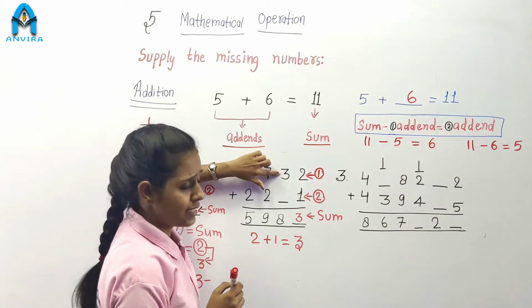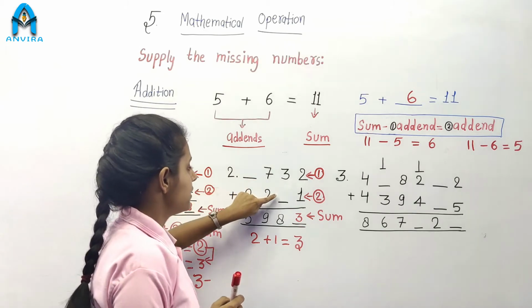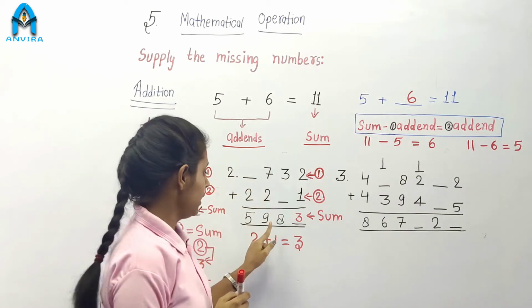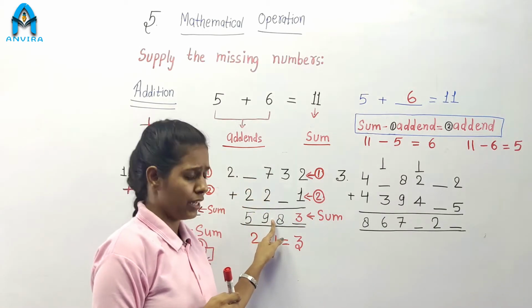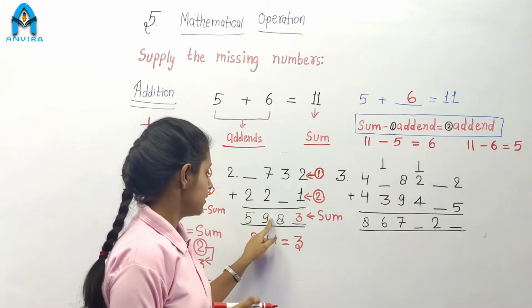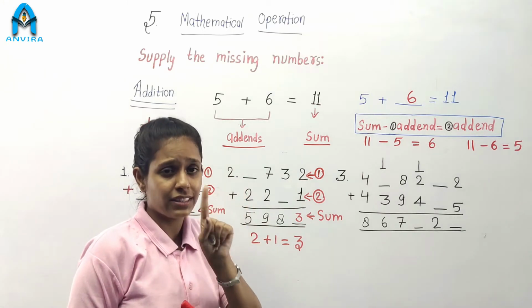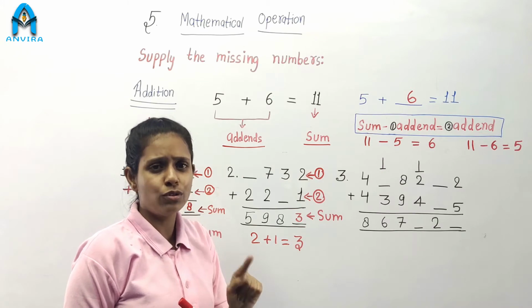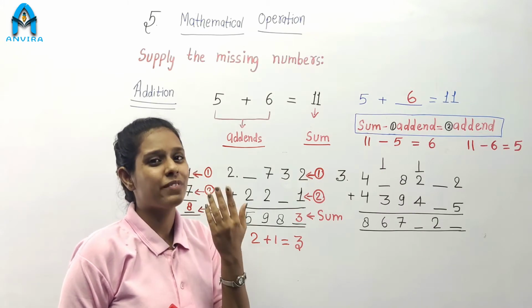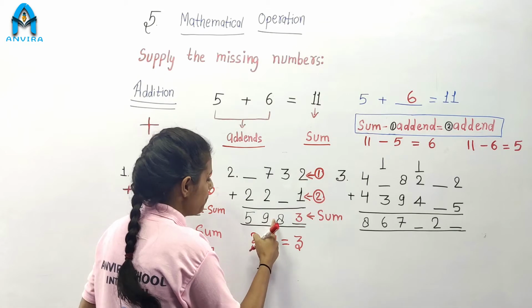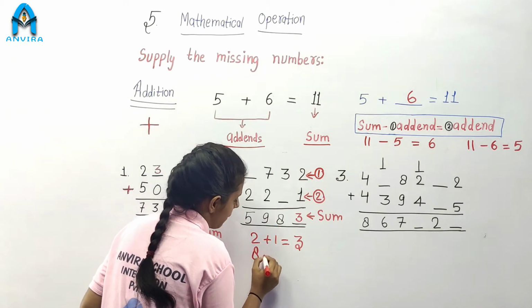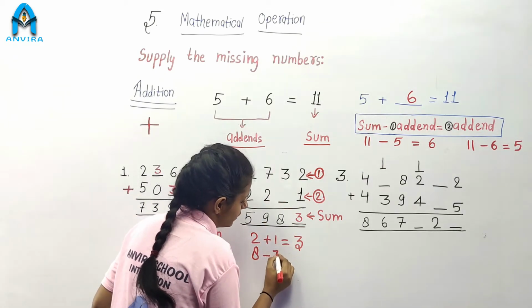First addend is given, second addend is missing and the sum is given. When the sum and one addend is given, what do we have to do? We have to subtract. So sum minus addend.